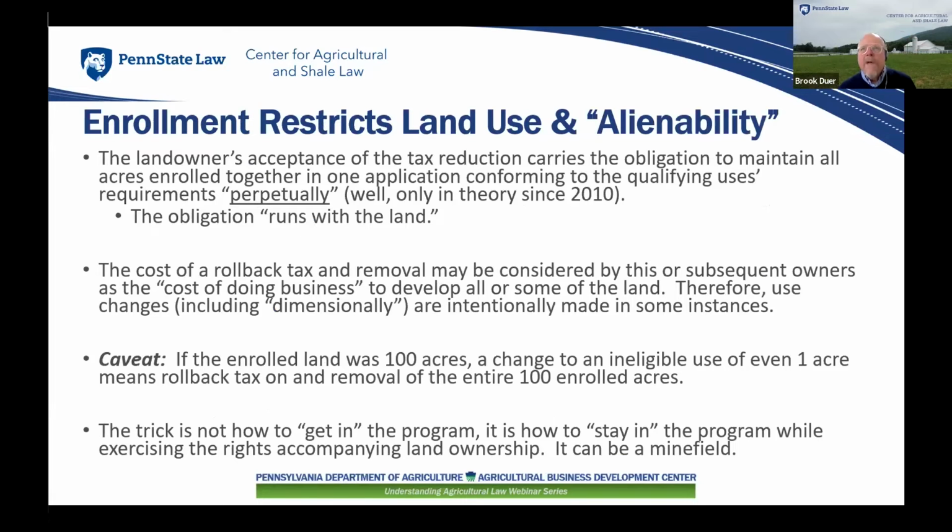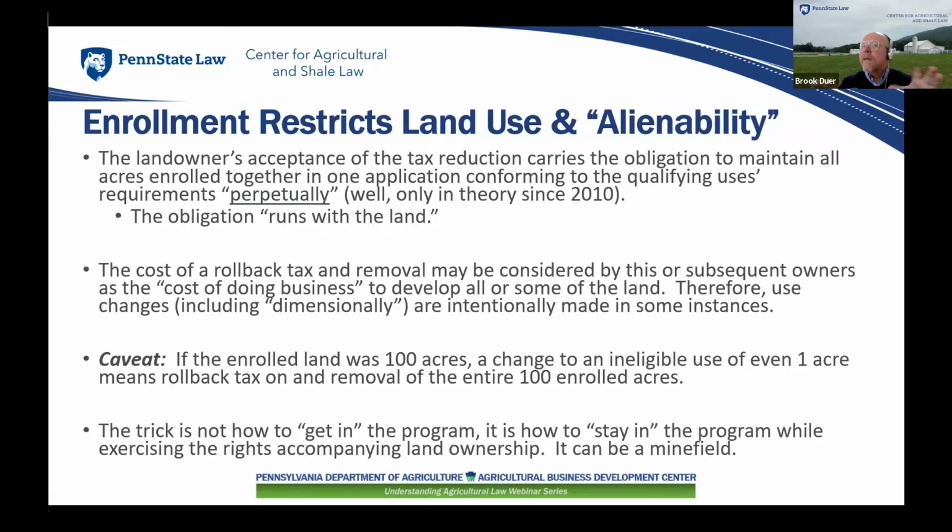Now, enrollment restricts the land's use and alienability. We talked about that. Landowners' acceptance of the tax reduction carries this obligation that you have to maintain all the acres enrolled together in one application. That's a very important concept to this entire program. Whatever you enroll together in one application, one submission to the county assessor's office, becomes a unit which is dealt with as a unit.